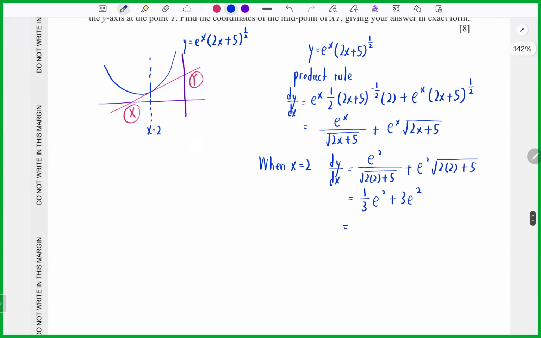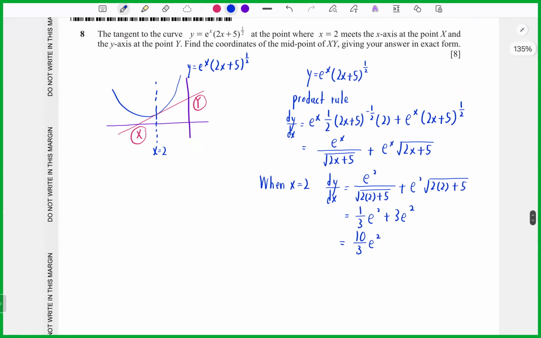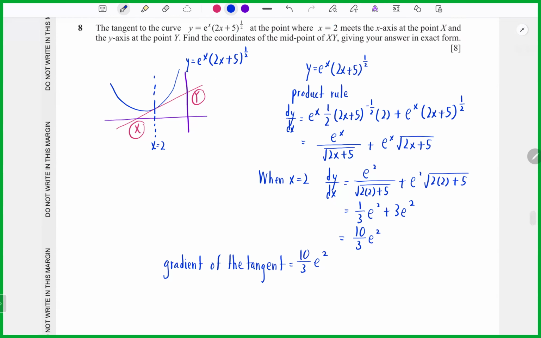So you will get 3 plus 1 over 3, you will get 10 over 3 e squared here. Now you already know the gradient of the tangent equals 10 over 3 e squared.